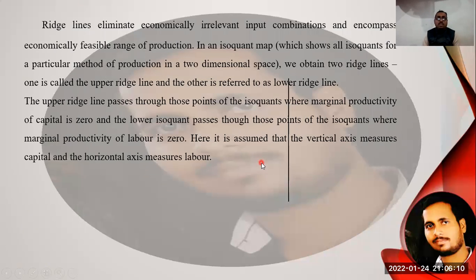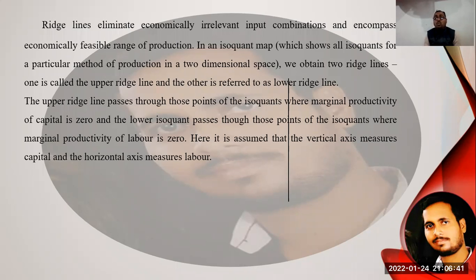Now, students, about the ridge line, we can say that ridge lines separate economically irrelevant input combinations and encompass the economically feasible range of production. In an isoquant map where more than one IP curve is shown, we show all isoquants of a particular method of production in a two-dimensional shape.